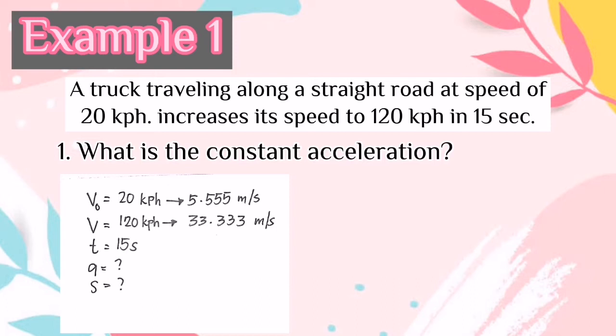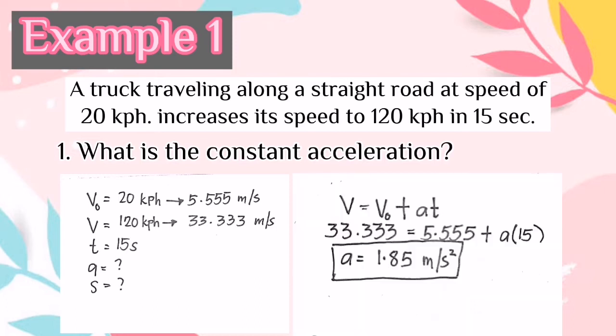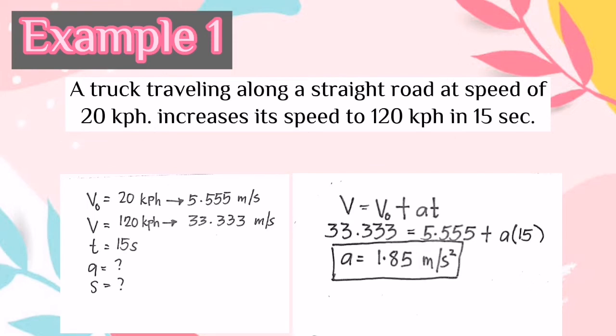So, after we convert it to meter per second, our next step will be substitution. Then, after we do the substitution, we can now have the answer. So, our acceleration is 1.85 meter per second squared.